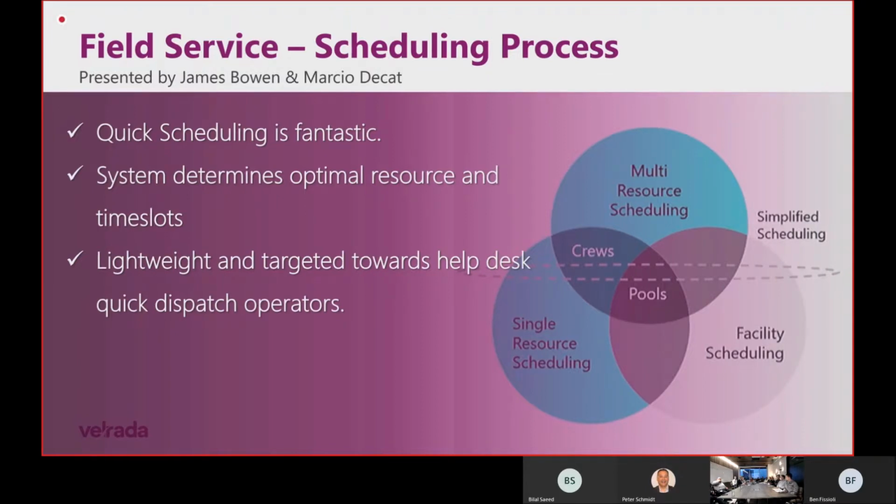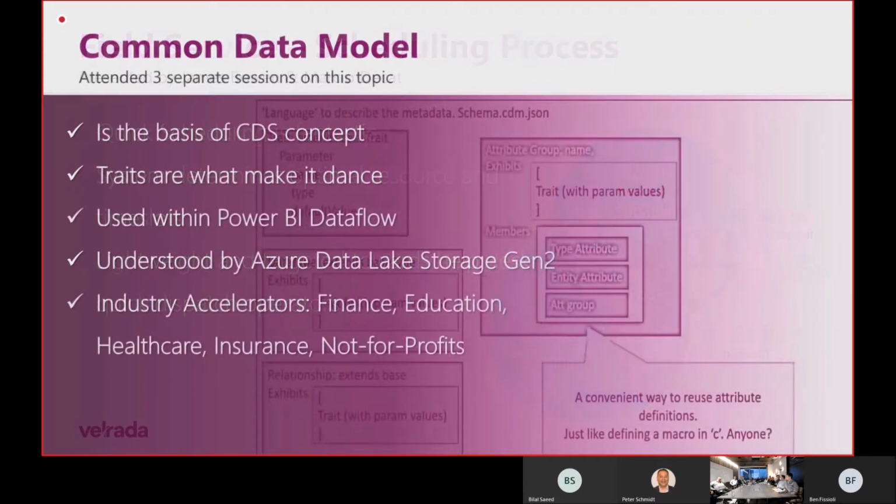Let's say I've got 3 crews of 3 but 10 people, so one person floats in between, or someone is off sick and I've got to quickly bring someone in for that day. This is where it becomes very interesting. So it ties into multi-resourcing schedule, crews and pools. For me, this topic was quite interesting, and that session was well presented, so definitely worth looking into.